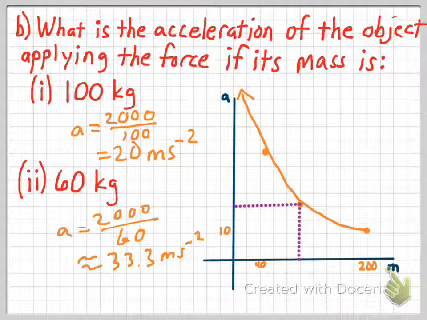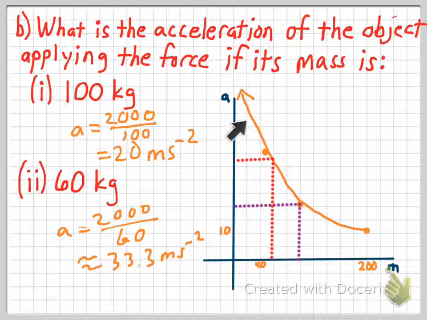Here is 60. And draw a line up to where that intersects our curve. Draw a line over. See what the y coordinate is. See, there's 20. There's 30. And so we would have said about 38 using my graph right there. It wasn't perfectly accurate, was it? But still a pretty good estimate nonetheless.